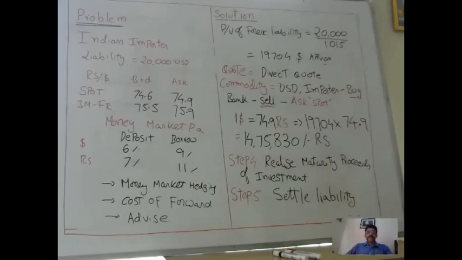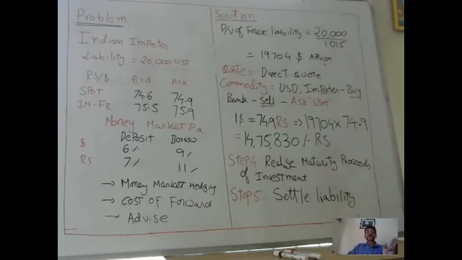As you are buying that, the banker will sell you the 19,704 USD. As the bank is selling you 19,704 USD, I have to consider the ask rate. Always we have to think from the bank perspective, but not from the importer or exporter perspective. Now, 1 USD is equal to 74.9 rupees. 19,704 USD is equal to how many rupees? That means what will I do?